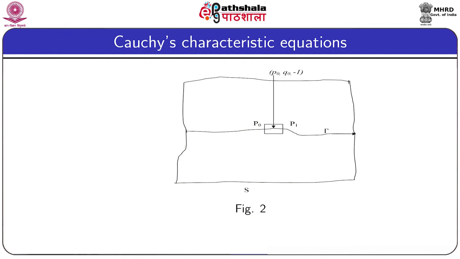Thus, any set x(t), y(t), z(t), p(t), q(t) satisfying z'(t) equals p(t) x'(t) plus q(t) y'(t) defines a strip at the point (x, y, z) of the curve gamma, as shown in figure 2.